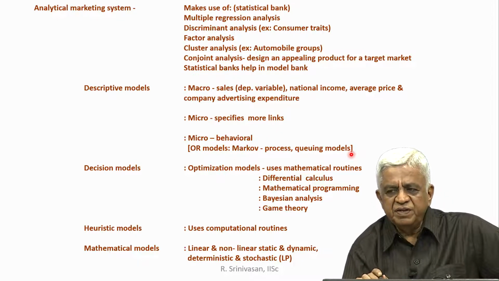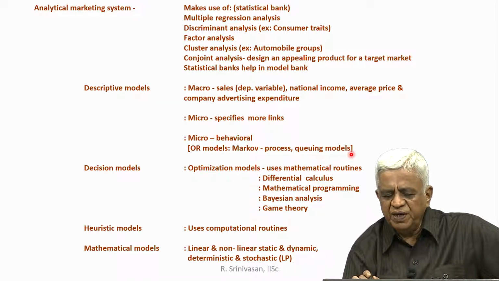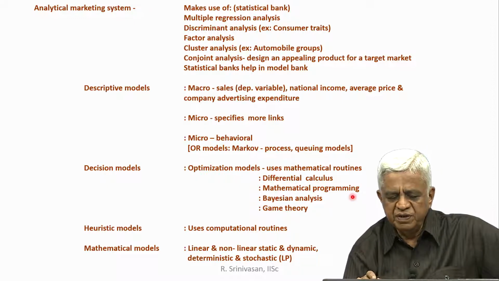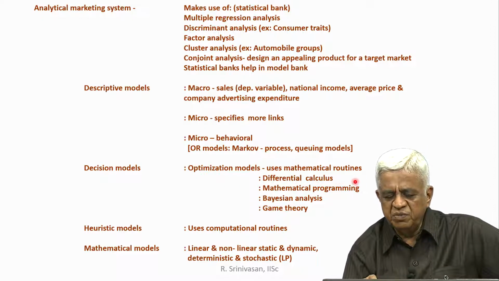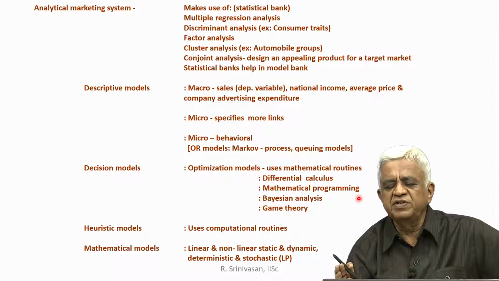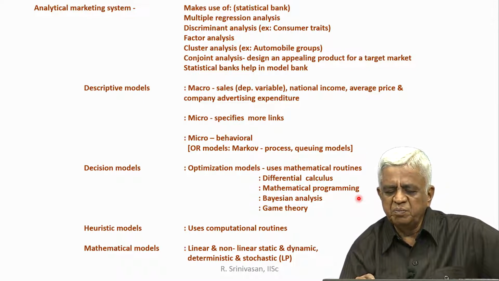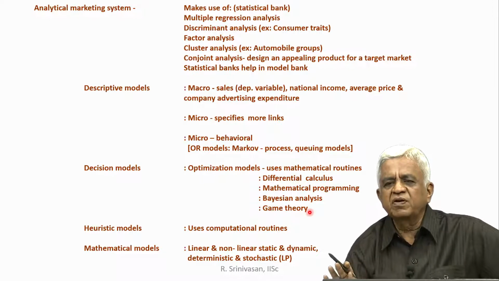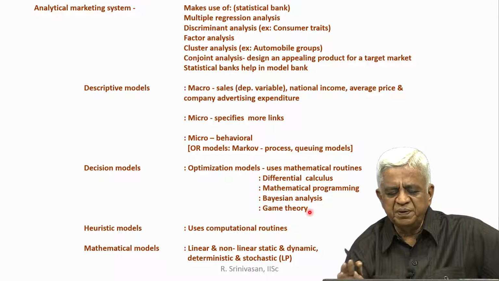When we look at the decision models, we are looking basically at the optimization models. These optimization models make use of differential calculus, mathematical programming, Bayesian analysis and game theory. These are called mathematical routines.